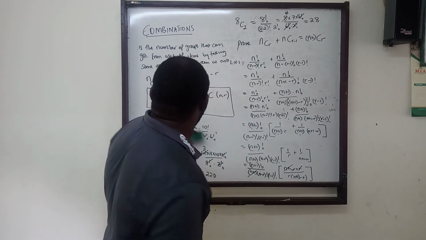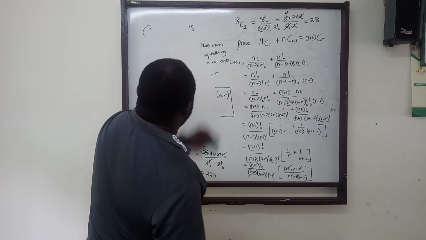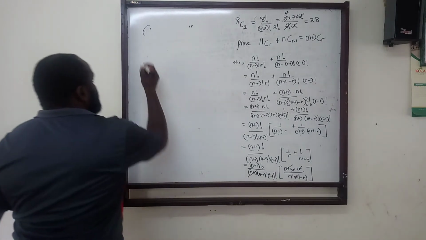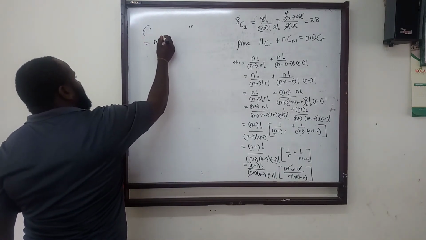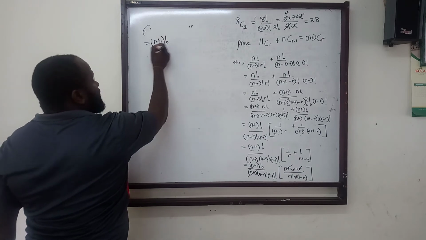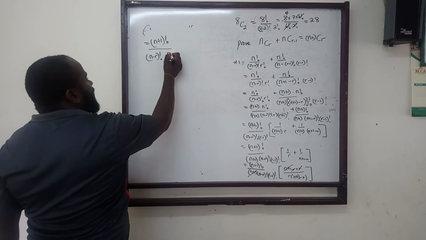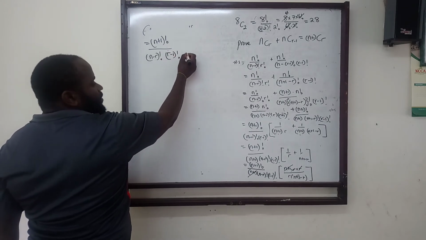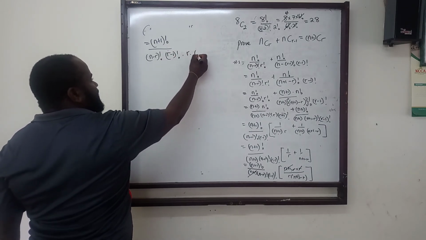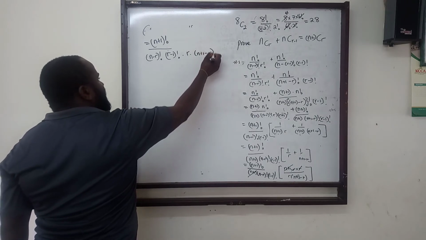So this takes me to (n+1)! over (n-r)!(r-1)! times r times (n+1-r).